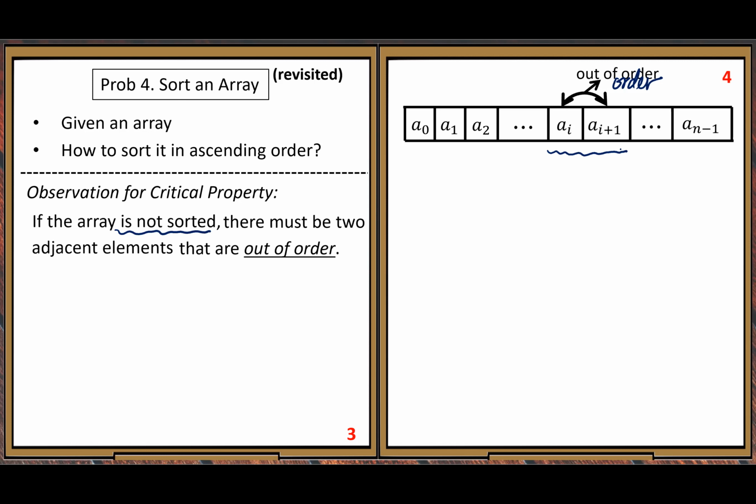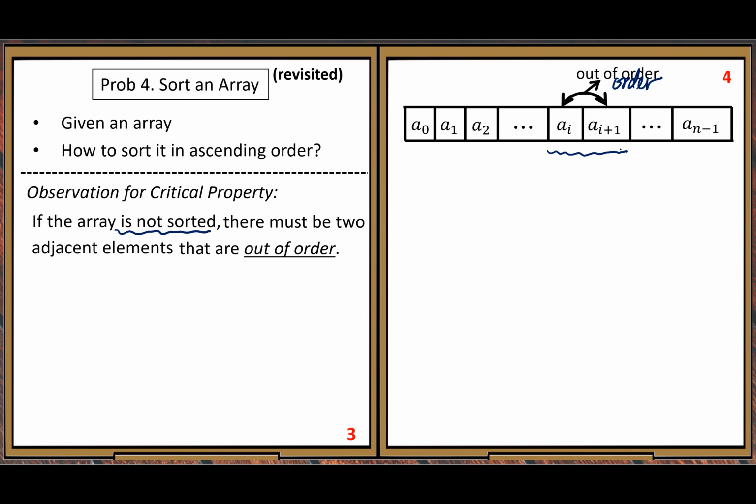Can you understand this? Can you see this fact? When I point it out, you're thinking this way. If that is false, we use the contrapositive method.